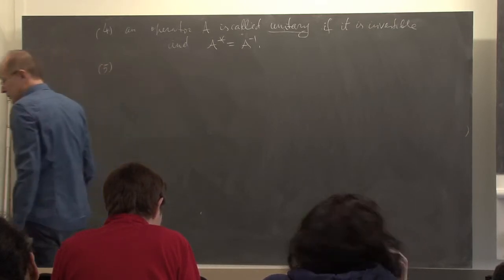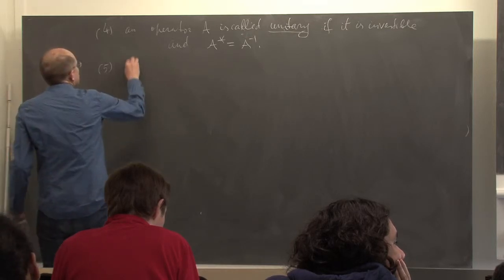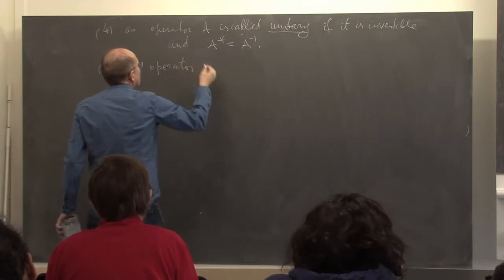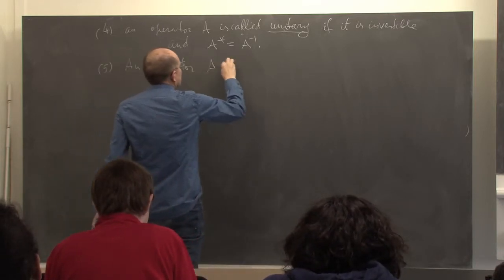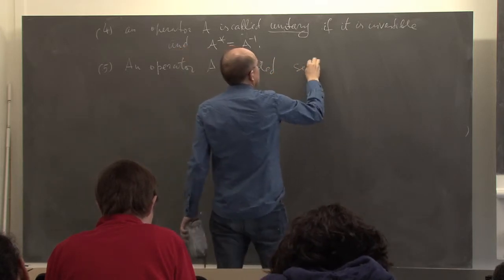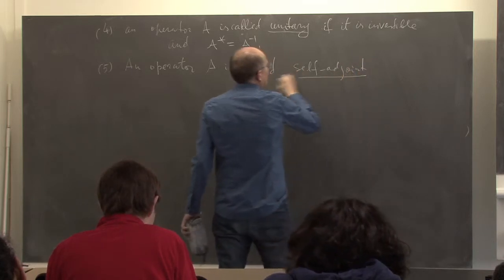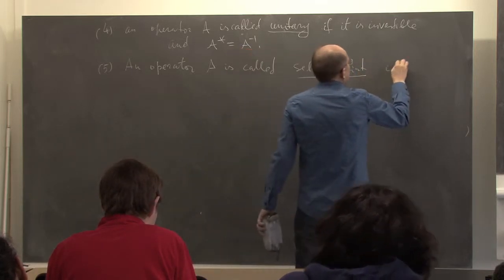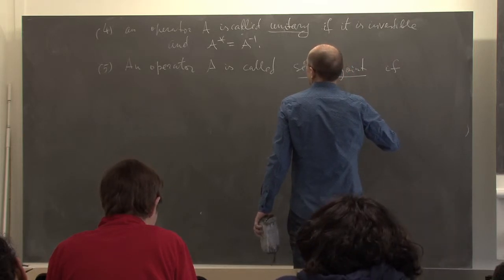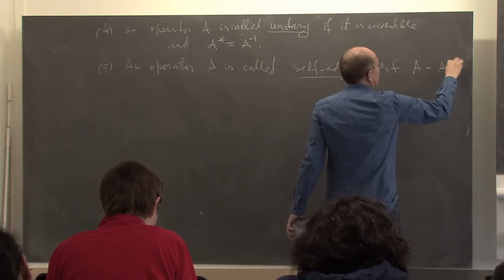Fifth part: an operator A is called self-adjoint if A equals A star.